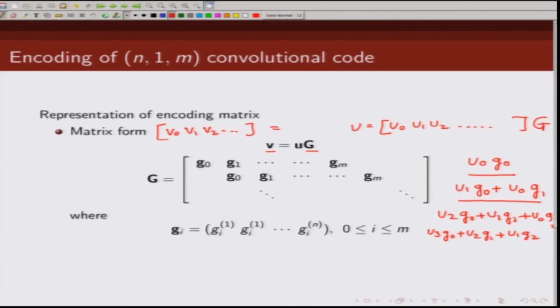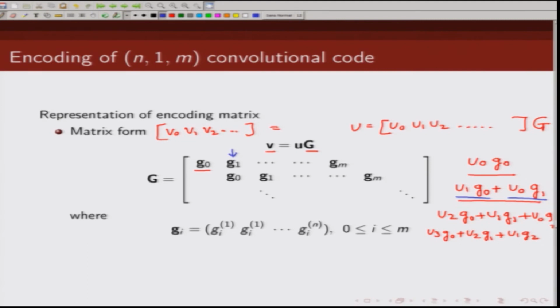At the first time instance our output is U0 times G0. Second instance, my output is U0 times G1, this term, and then G0 times U1, which is this term. So, the second entry of this generator matrix is this.